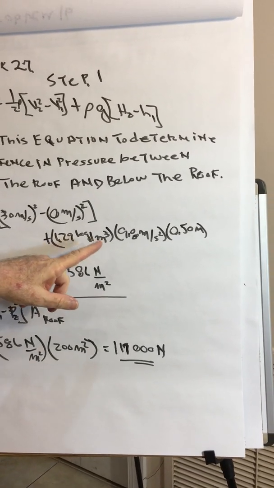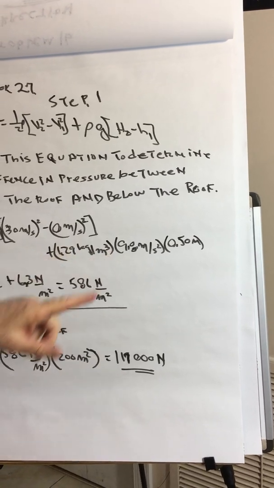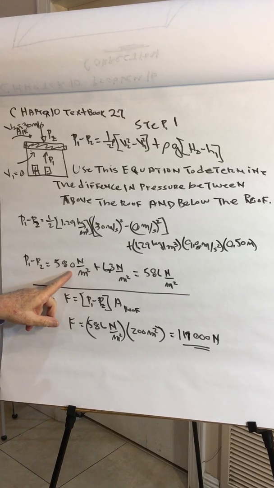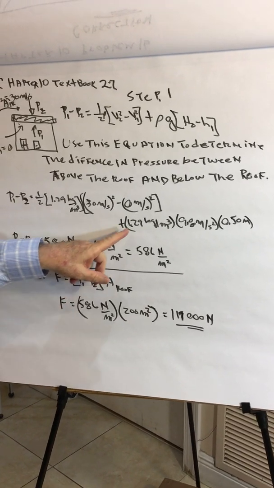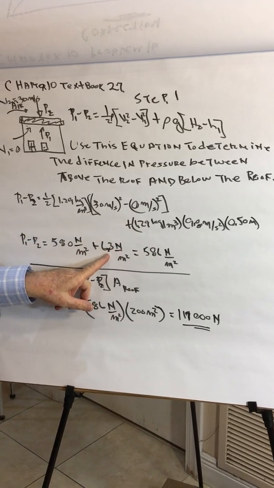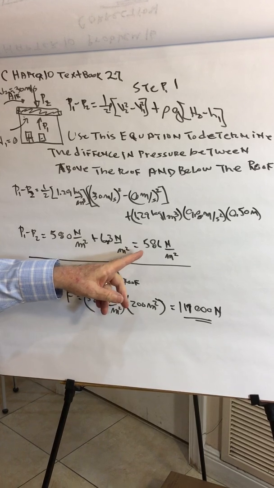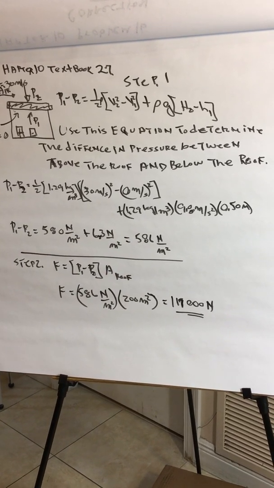And so this is the actual density times gravity times the thickness of the roof. When you work this part out, this comes out to about 580 newtons per meter squared. This part right here is very small, about 6.3 newtons per meter squared. So the total difference in the pressures between the top and the bottom is about 586 newtons per meter squared.